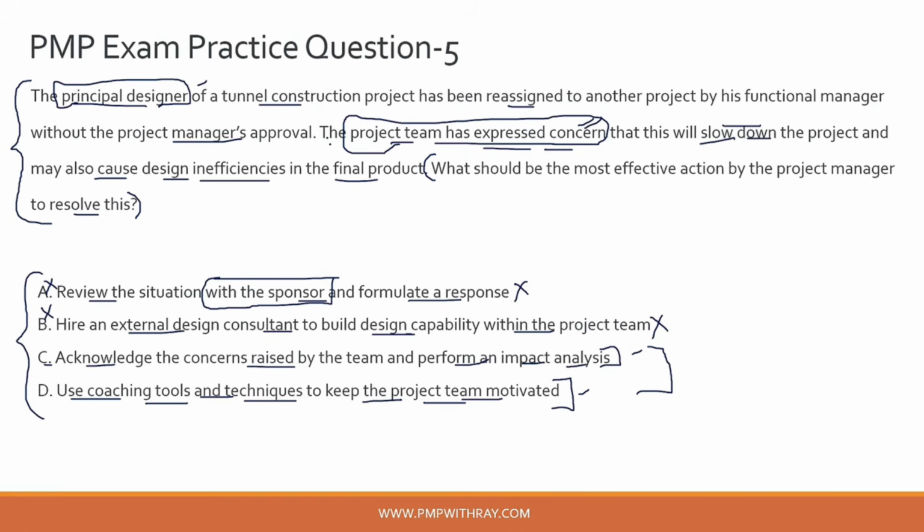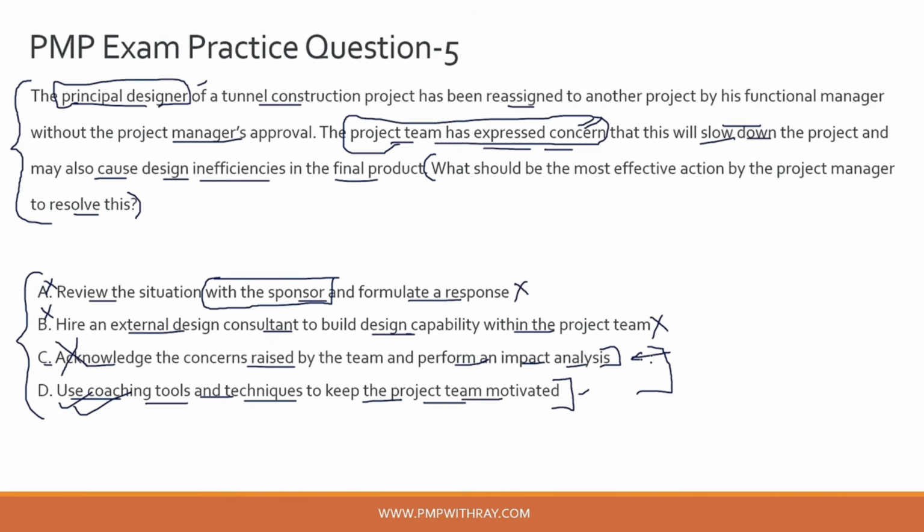Okay, it is presenting you the problem of resolving the concerns of your project team. And because of this thin line of difference, option number D is the correct answer to this question, and option C is incorrect. And most of the PMP exam candidates who are not able to understand this thin line of difference between addressing a concern of a project team and addressing the impact of a change that has happened in the project will get this question incorrect.